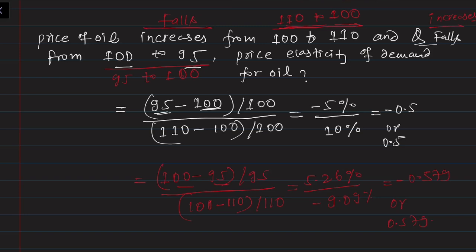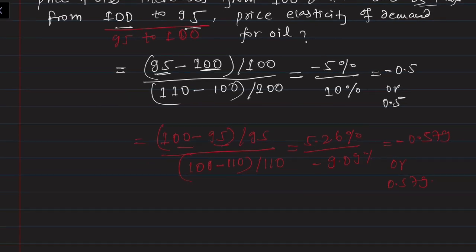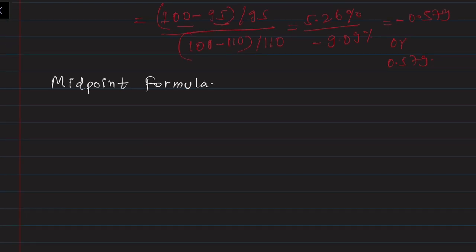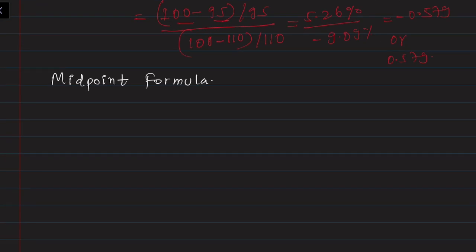In order to omit that bias, or the choice of base point, we use a different formula, which is the midpoint formula. This erases the natural biases associated with the choice of base point.